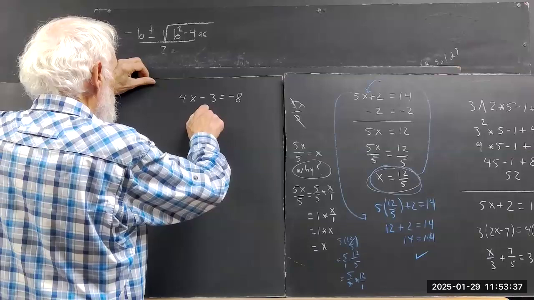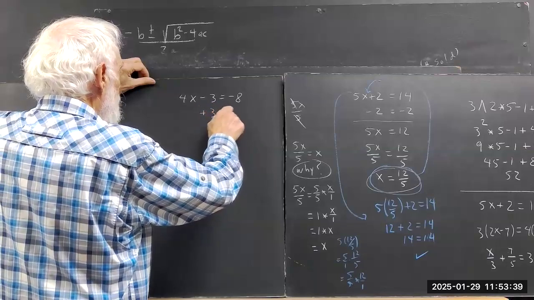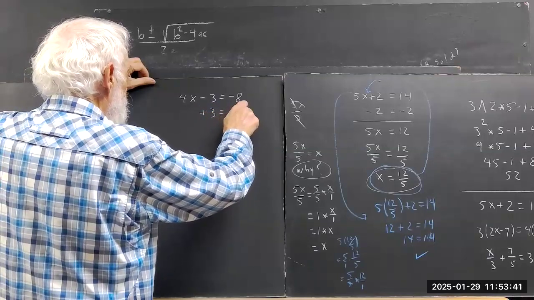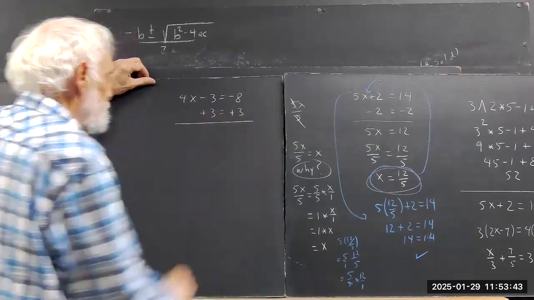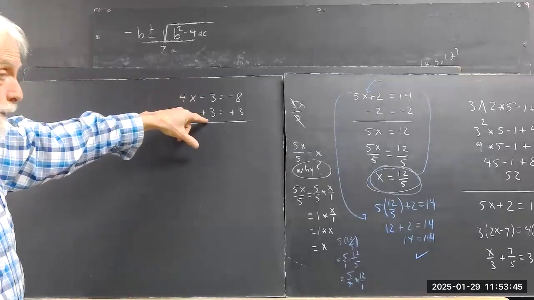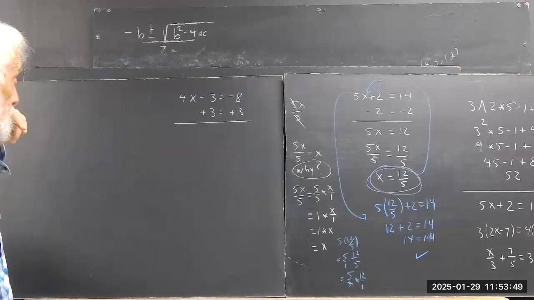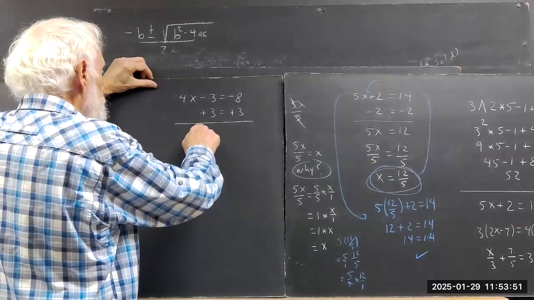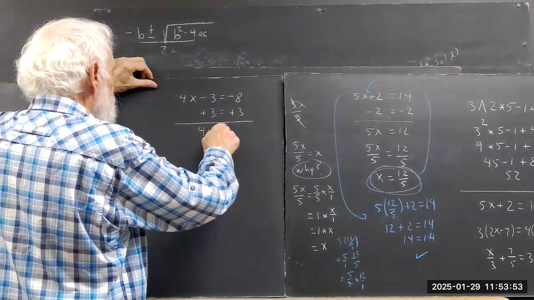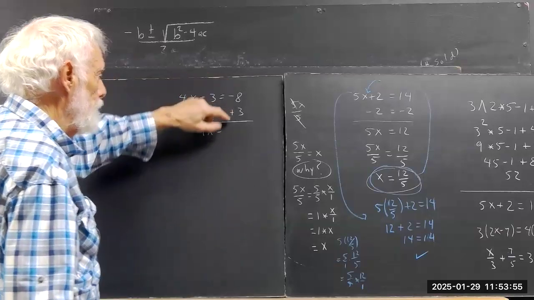Well, I'm going to have to add, because -3 and 3 gives me 0. And that gives me 4x equals what's -8 and 3.